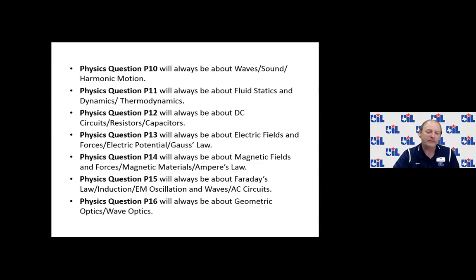Gauss's law and Ampere's law are sort of the penultimate point there, but always involve calculus. Then Faraday's law and induction, which is not terrible but can involve some calculus, and AC circuits, which I'll limit to the later test. And then question 16, this is an easy one.